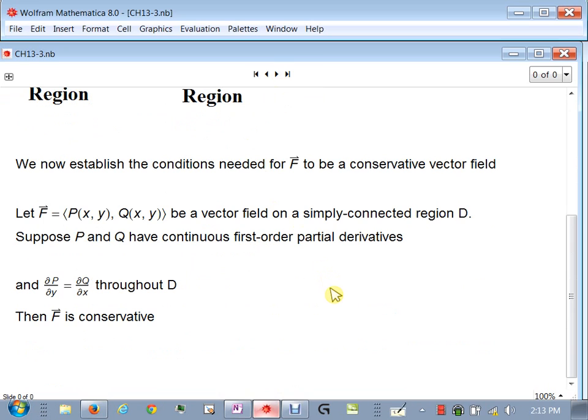This right here, right? Now check this out. I'm sorry, I had to use that language. Does this look familiar now? Move the partial P with respect to y to the other side. If you did that, then they're equal, right? Then what would it be?